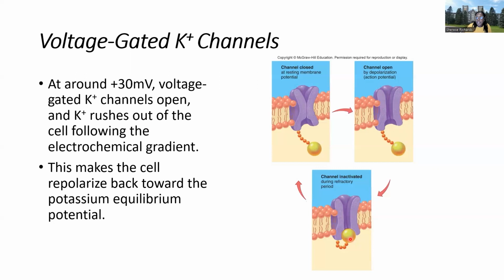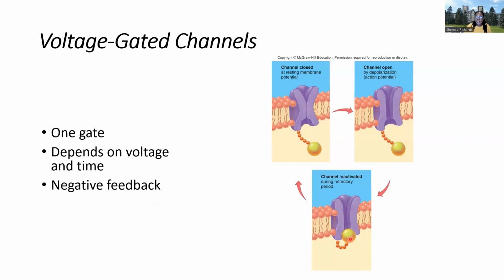And so the main point to remember about potassium is that it's open at positive 30, and potassium is leaving the cell, and then it's going to become inactivated during that refractory period until we actually get back to negative 70. All right. There is only one gate on the potassium channels.